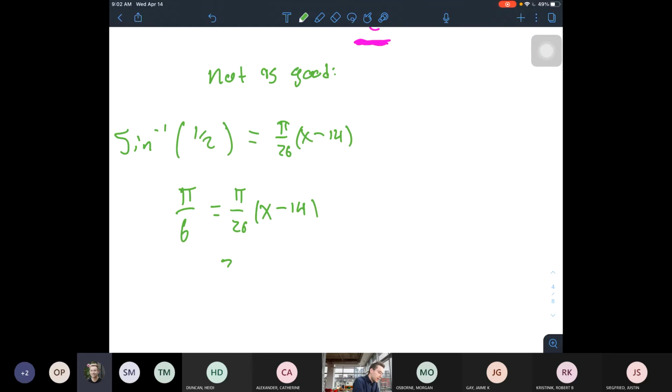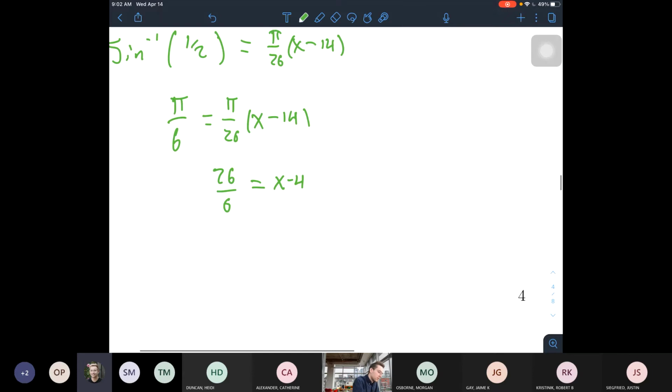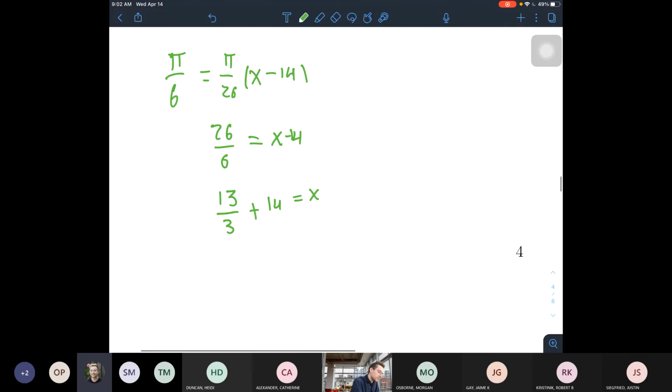So then we get 26 over 6 is equal to x minus 14. So then we could call this 13 over 3 plus 14 is equal to x.